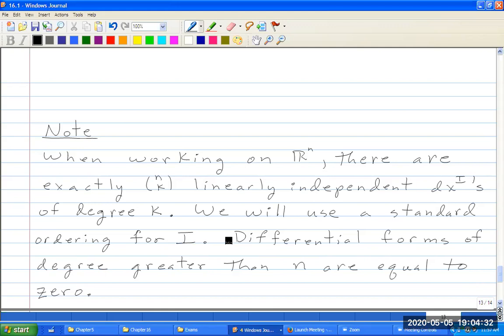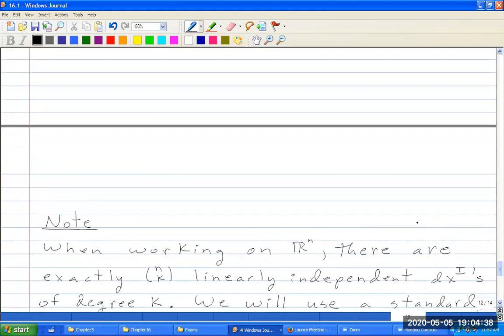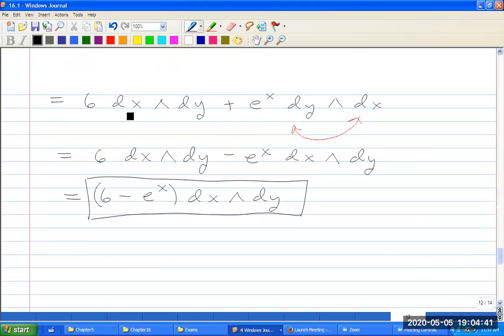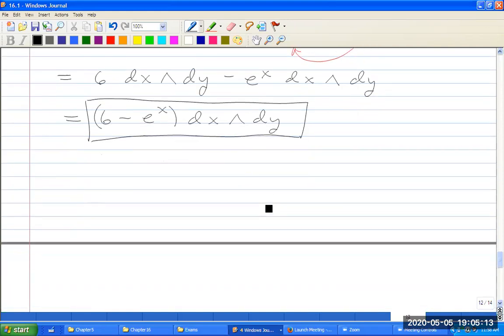And so we will usually use a standard ordering for I. Notice that rather than leaving it in this form, dx wedge dy and a dy wedge dx, I changed it so that my final answer at the end had the ordering x before y. So there's usually some sort of ordering that we are comfortable with. And there could be an orientation that we wish to preserve. Okay.